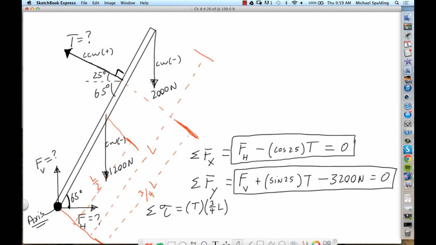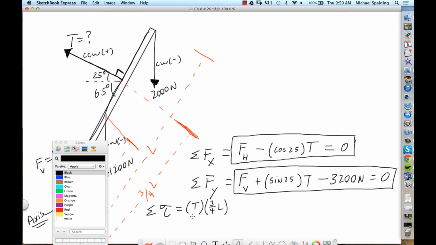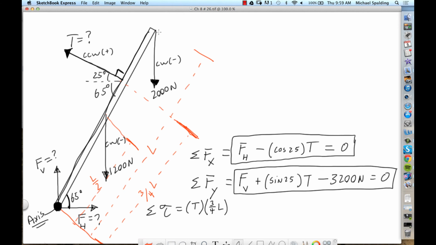All right, let's go to the next torque. So let's go to the 2,000 here. Now, this is going to be tricky, dudes. Is the 2,000 Newton force perpendicular to the boom? No. So there's one of 2 things you could do. You could either make the force perpendicular to the boom. You could go like this.